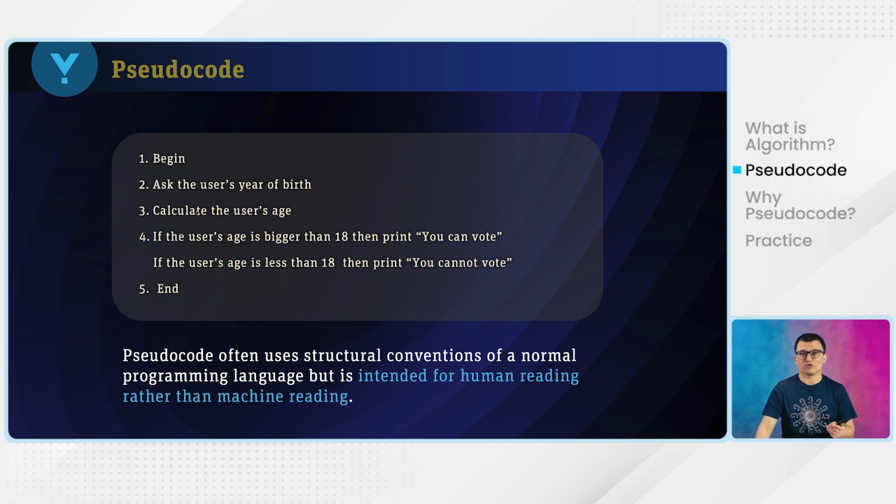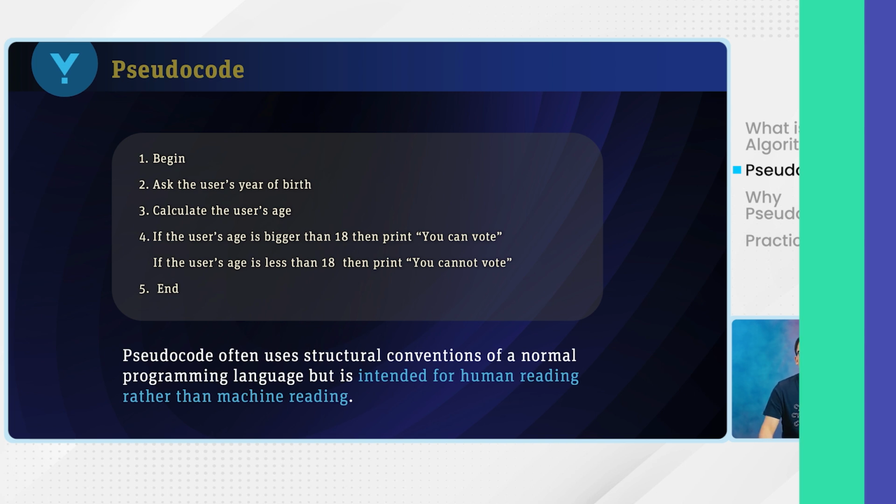Once you calculate the age of the person, you can create the conditions for whether the person is eligible or not eligible to vote. And then you can end the program. This is an example of pseudocode. As you can see, we have the step-by-step explanation, the procedure, everything that is involved.